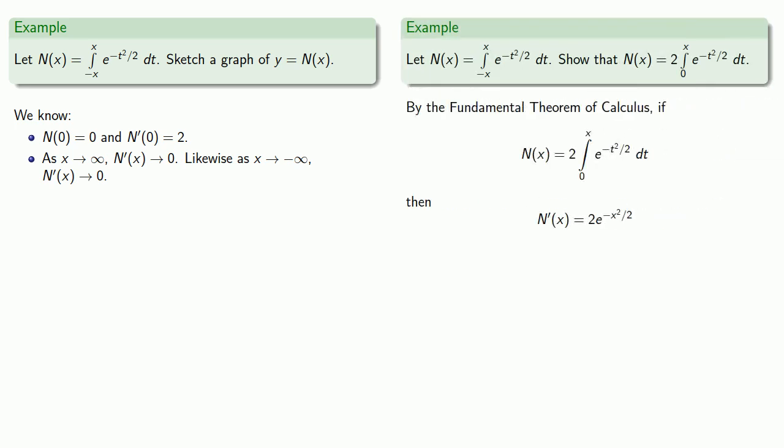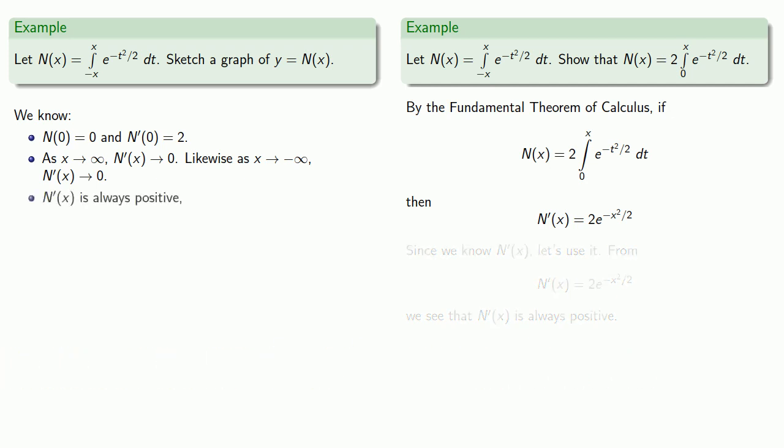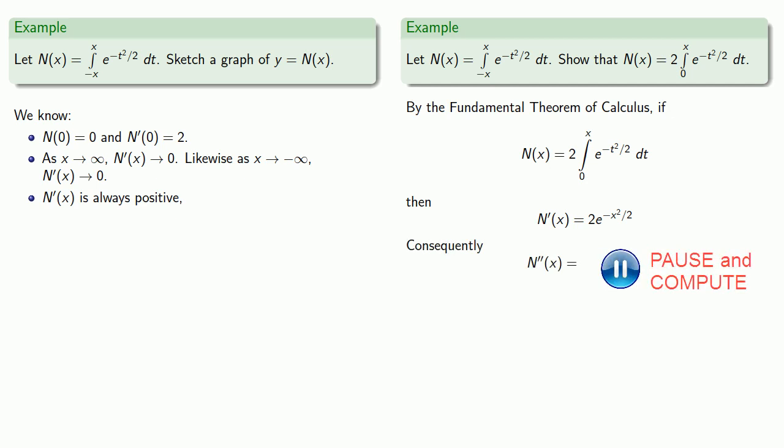Next, we were able to use some of the properties of the function and the fundamental theorem of calculus to find the derivative. Since we know the first derivative, let's make use of it. From the form n prime of x equals 2e to the power minus x squared over 2, we see that because exponentials can never be 0 or negative, n prime of x is always positive. We can also find the second derivative. And since we know the second derivative, we can use it.